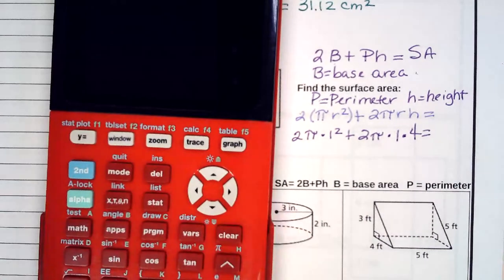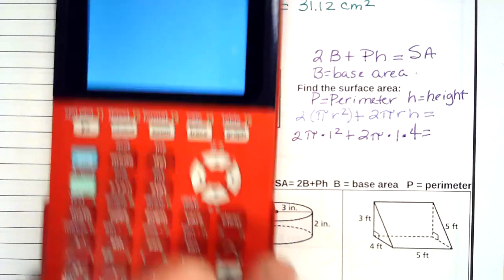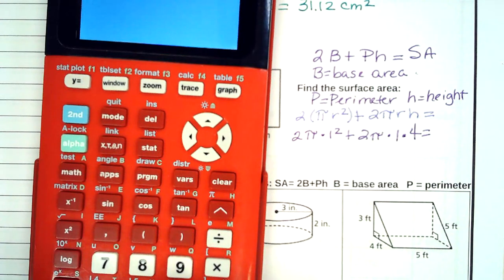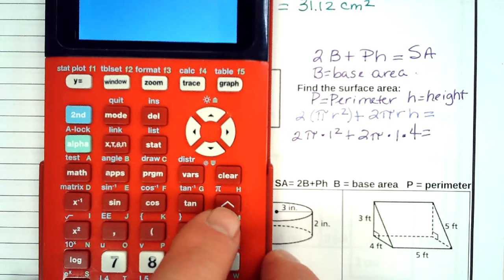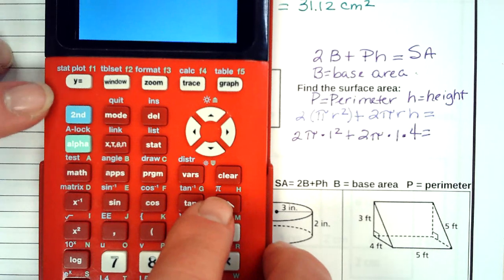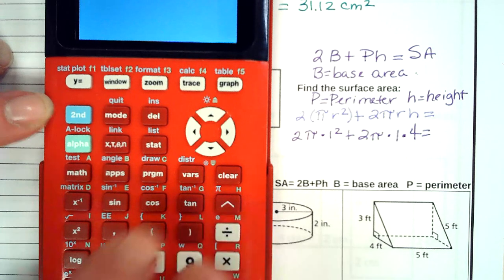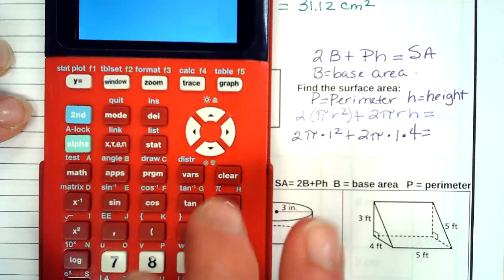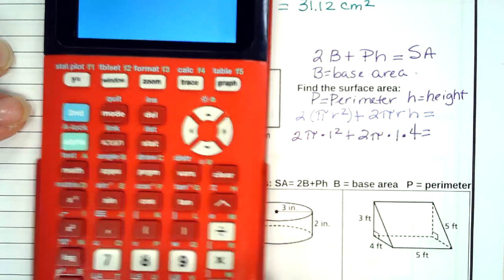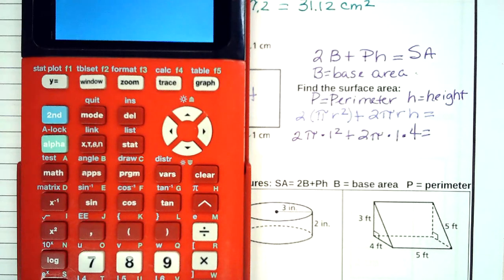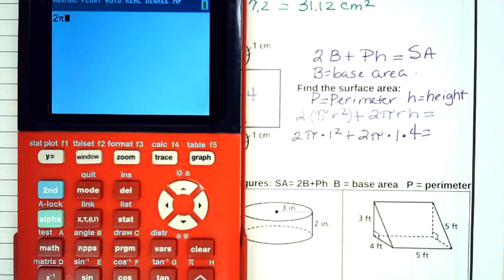Using the calculator. 2, and then to get pi, it's in blue up above the caret key. So second pi, and then times 1 squared. I would not have to put that in there. I realize that because when you multiply by 1, nothing happens.